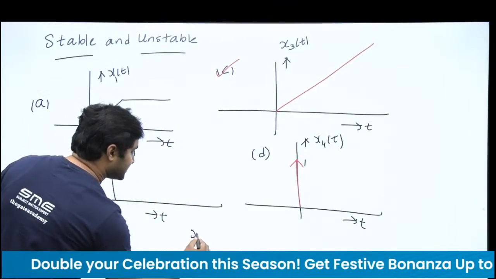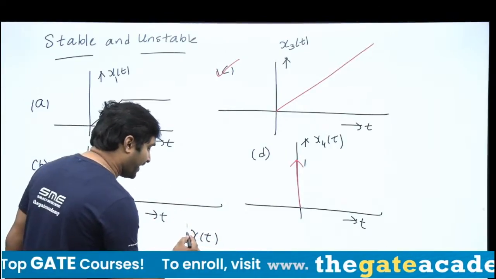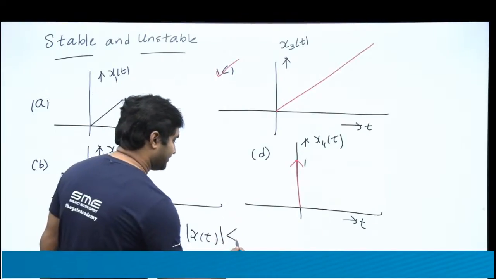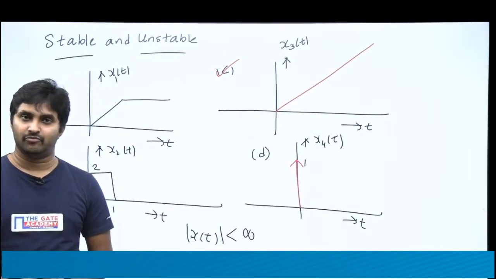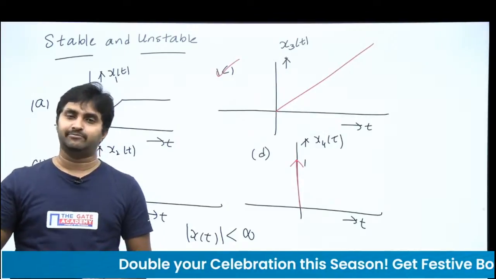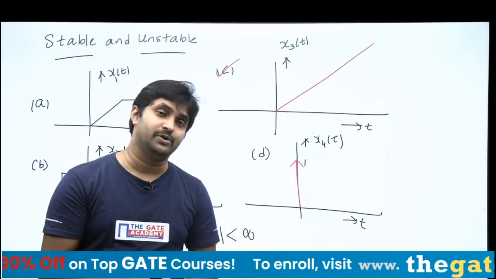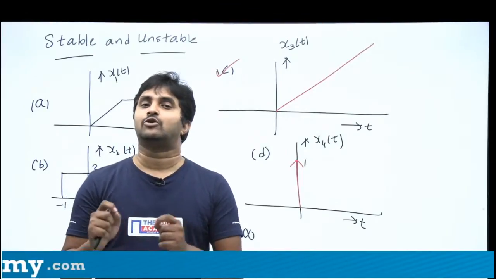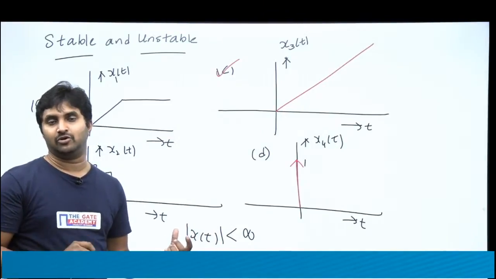Whenever you have a signal x of t, if the magnitude of this x of t is less than infinite, in a very simple way, the amplitude or the magnitude has to be a finite value at any point of time, then we can call it a bounded input or a bounded signal.